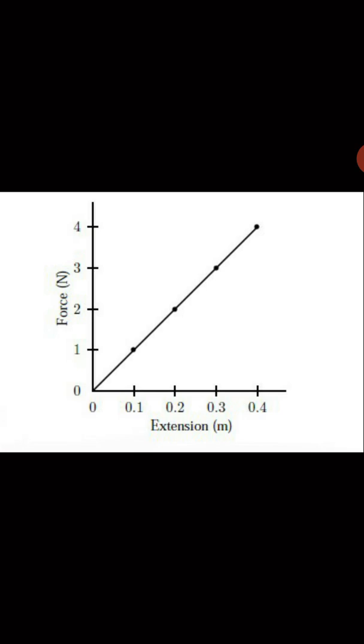That is, you will always get a linear graph, where a linear graph shows that if force is increased, the extension also increases. So for Hooke's law obeyed by springs, the graph is a linear, straight line graph where force is directly proportional to the extension.